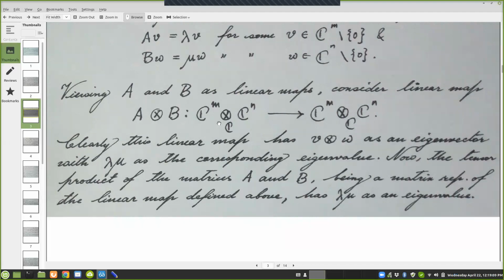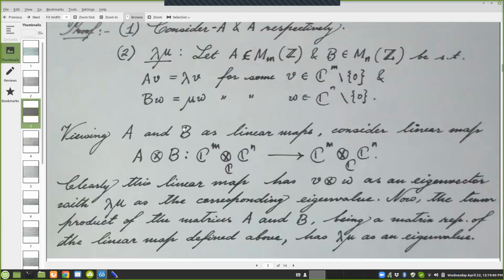Since we have already discussed that the matrix representation of the tensor product is basically the tensor product of the corresponding matrix representations, the matrix representation of this operator will be just the tensor product of the matrices A and B, and hence it has all coefficients in Z. Therefore, this matrix has lambda mu as an eigenvalue, because the operator itself has lambda mu as an eigenvalue. Okay, so that's how we do it for product.